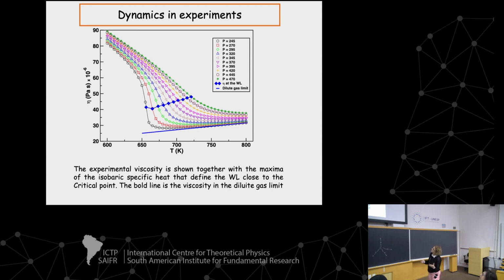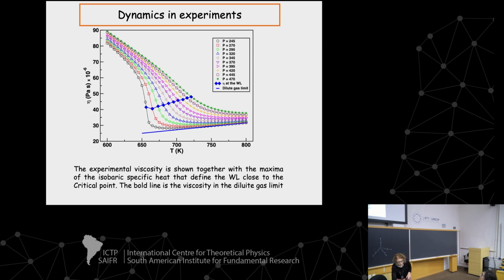And if we look at the experimental viscosity, look at the inflexion: it is exactly at the Widom line. The bold line is the viscosity of the dilute gas limit.